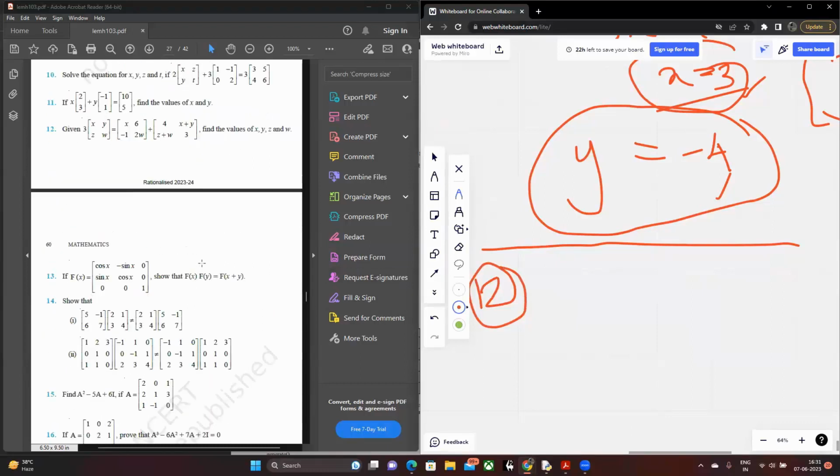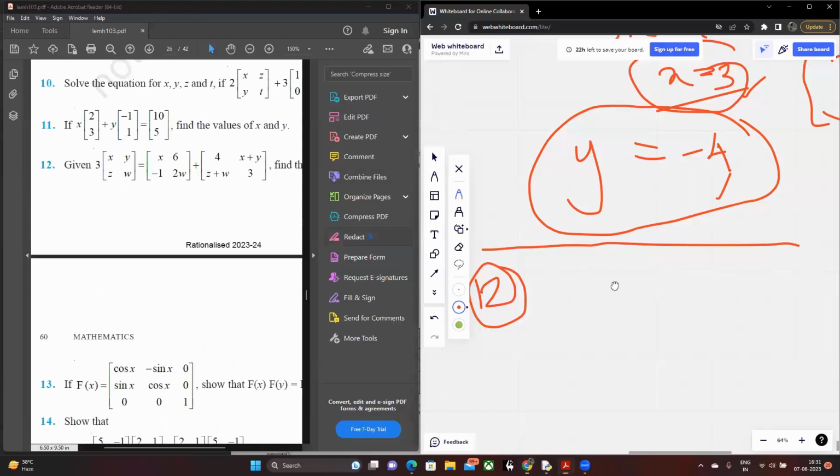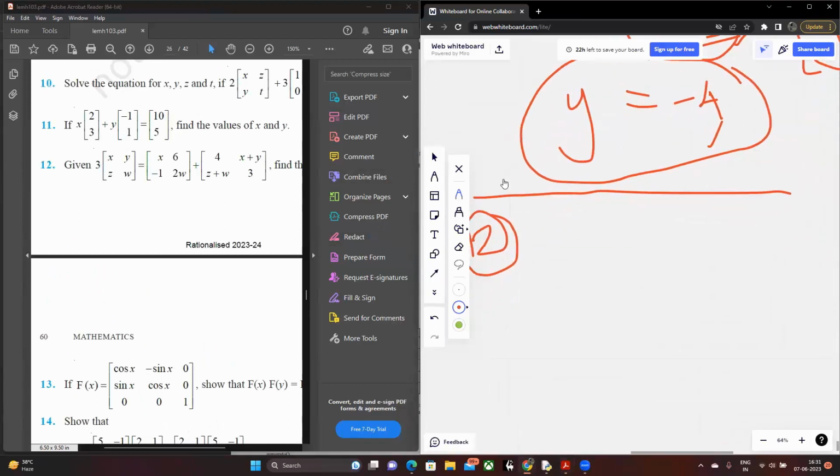Given 3 times (x, y, z, w) is equal to the given matrix, find the values of x, y, z, w. Alright, I'm not writing the matrix, I'm just writing the equation forms again. So we have 3x is equal to x plus 4.